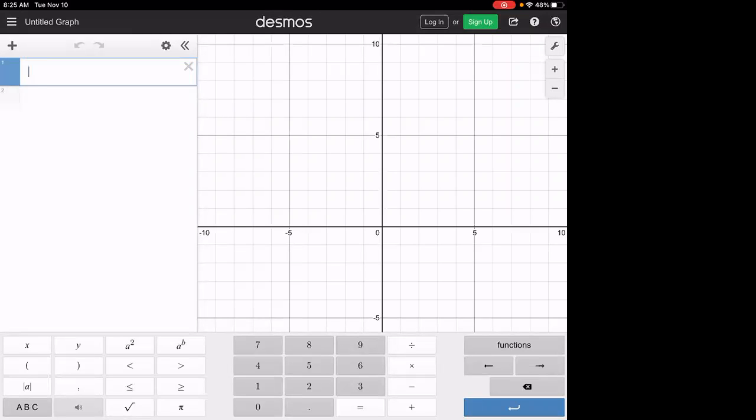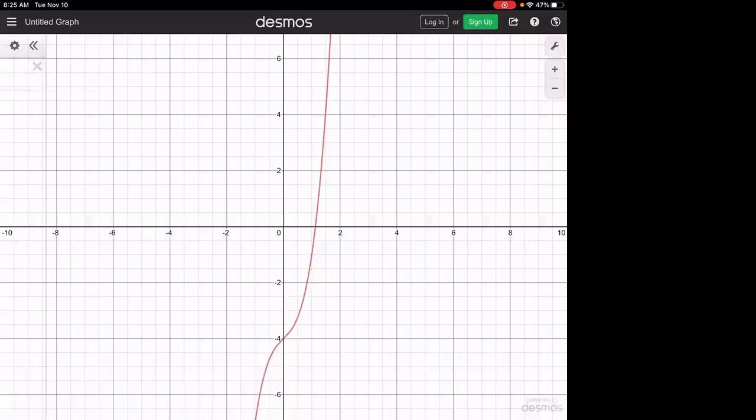Yeah. Okay, so if you graph our function, our equation, y equals 2x cubed plus x minus 4, is that right? We have only 1 zero.